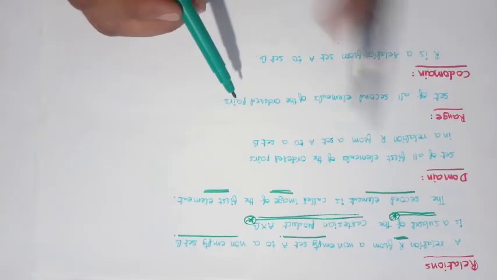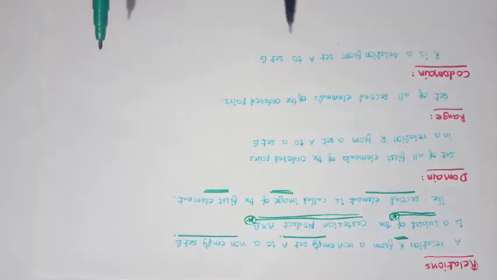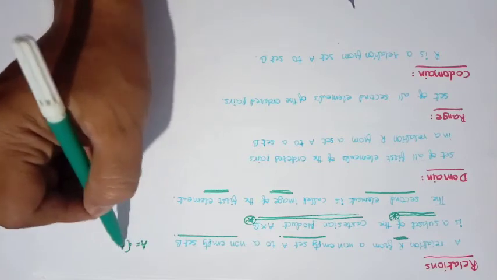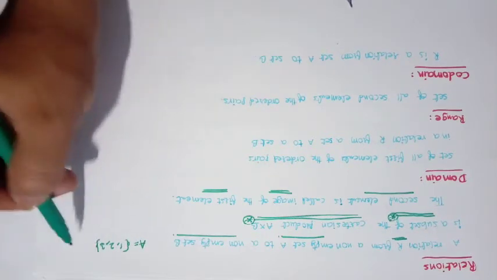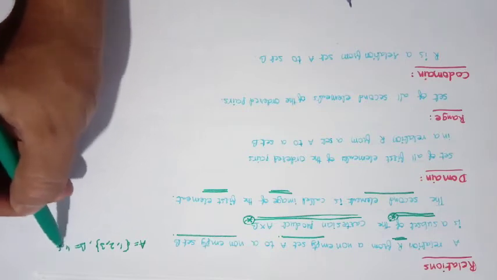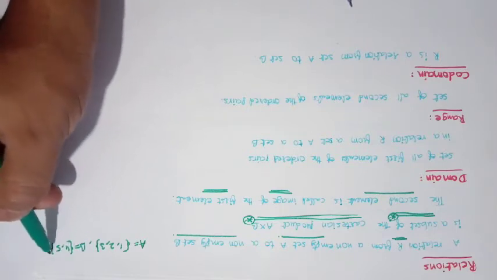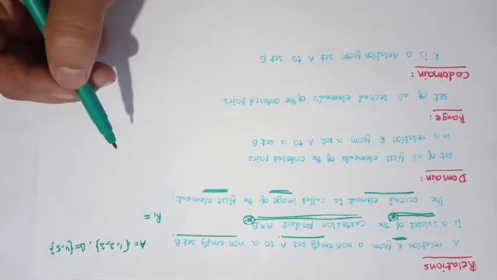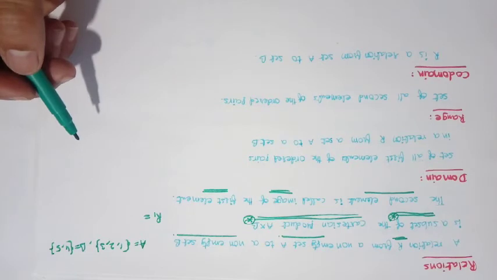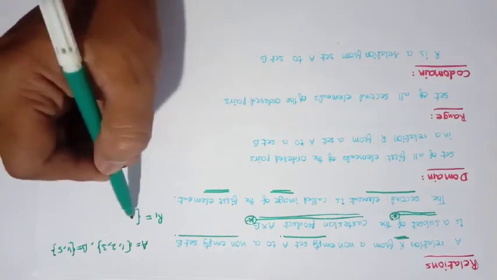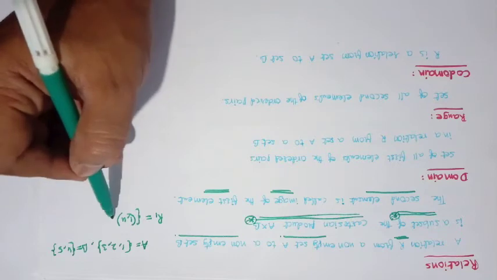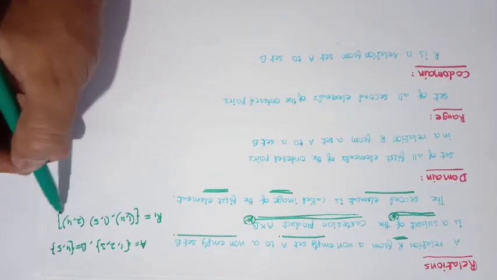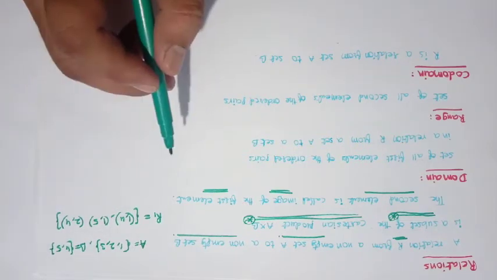Now we'll come to understand those points here. Consider A equals {1, 2, 3} and B equals the same {4, 5}. These elements are taken, and consider R1 as a relation. R1 we are considering, whether it is a relation or not, we will see. I'm considering R1 as {(1, 4), (1, 5), (2, 4)}.